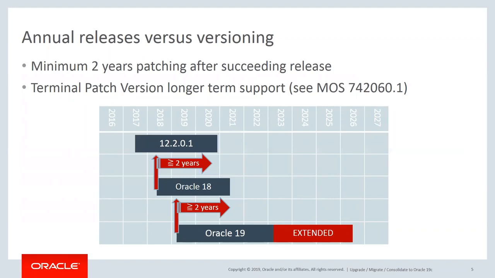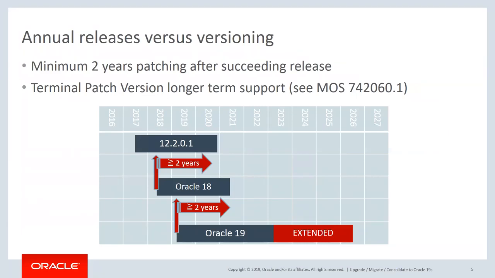Looking at supportability, you see that 12.2.0.1 was the first release of the 12.2 family, somewhere in 2017. And it will be supported until 2 years after the next release, which was Oracle 18, released in the first or second quarter, depending on which platform you are, of 2018. From the introduction of Oracle 18, we will support the previous version for at least 2 years.